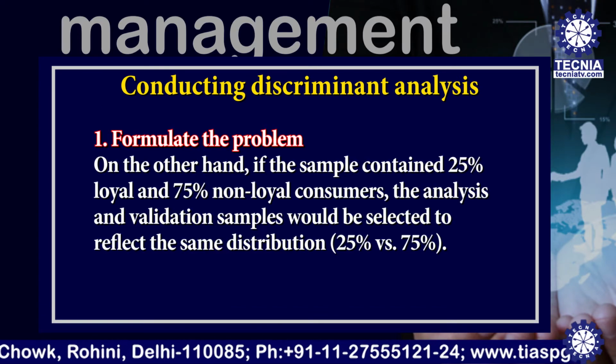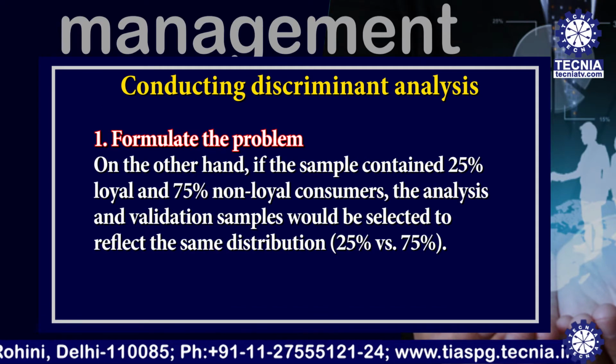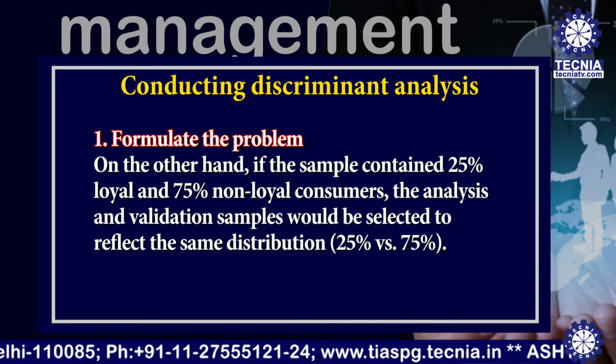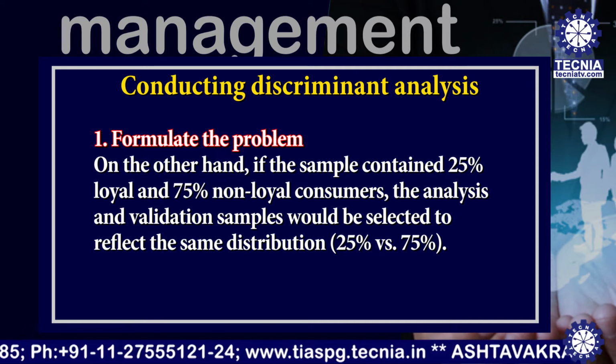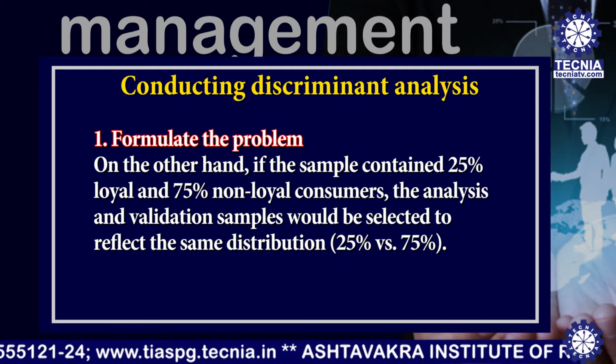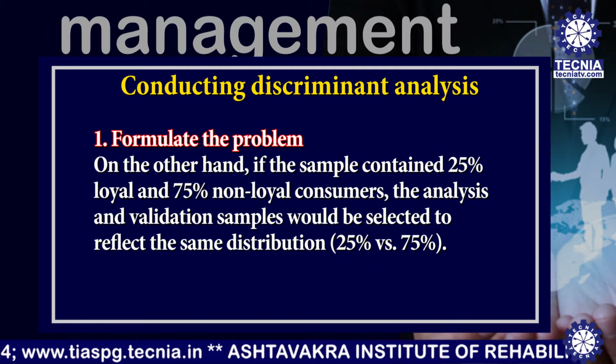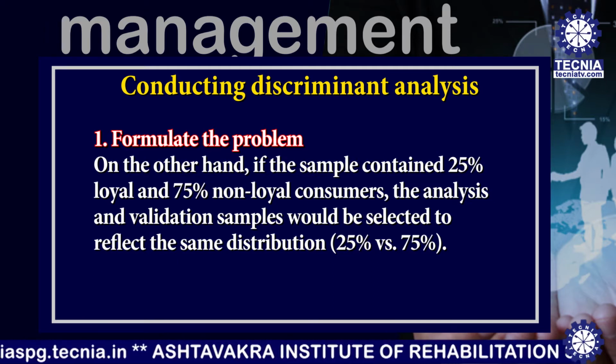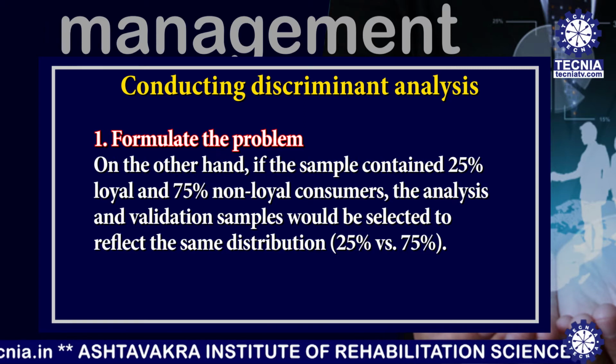On the other hand, if the sample contains 25% loyal and 75% non-loyal consumers, the analysis and validation samples would be selected to reflect the same distribution, 25% versus 75%.